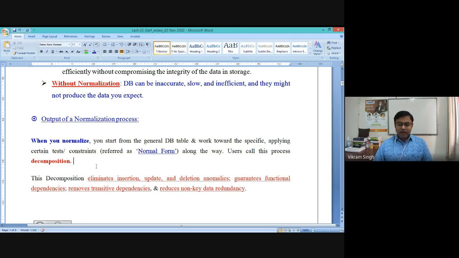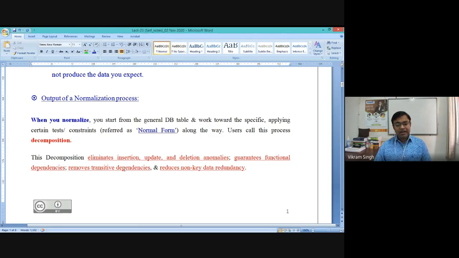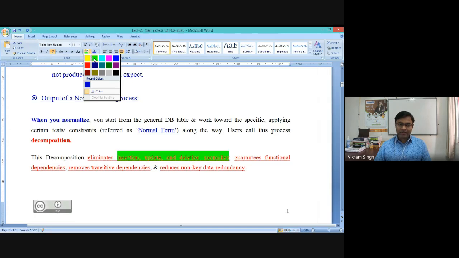So eventually, the purpose, the effect of this decomposition is to eliminate insertion, updation, and deletion anomalies. That is the bottom line, something relevant to remember. Whenever someone asks what the purpose of normalization is, you can directly say the purpose of normalization is to eliminate these anomalies.